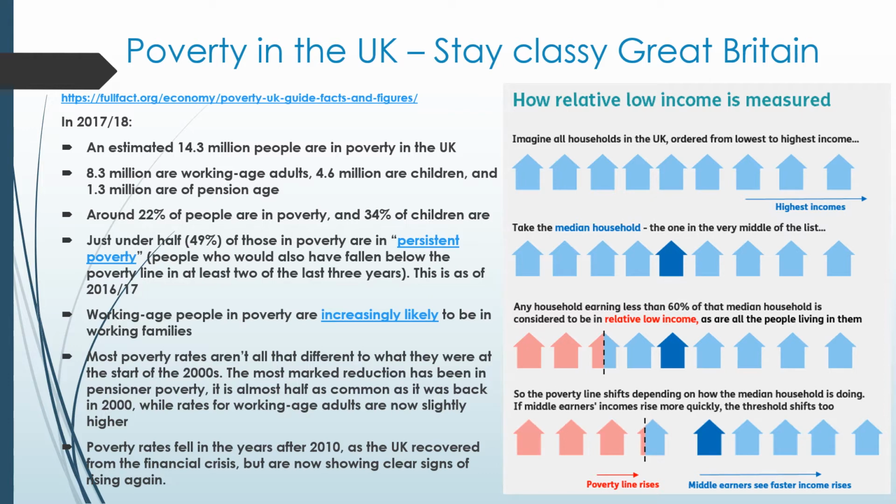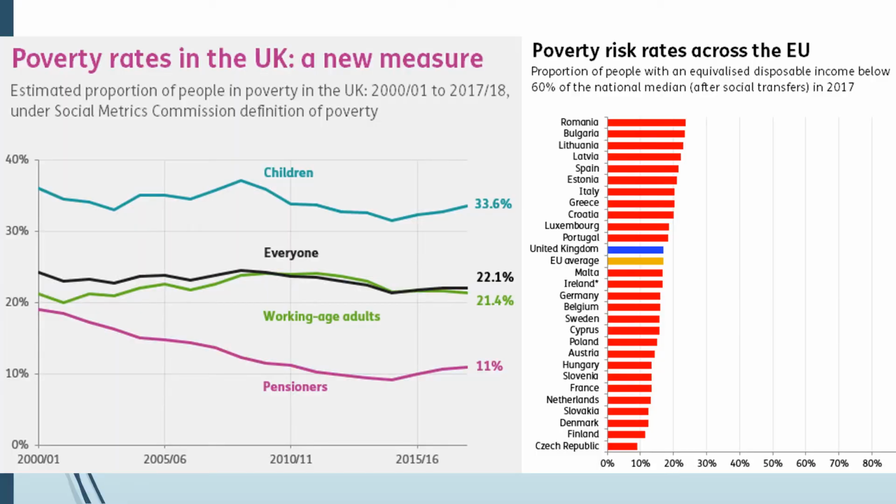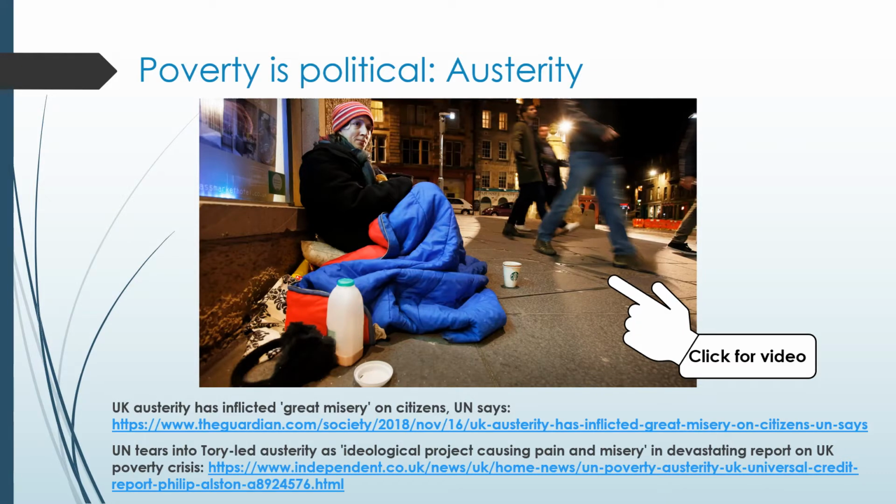But what we've also seen are a number of policies which kind of caused poverty. So as you can see here, poverty in the UK as a measurement is quite high. There's a lot of people living in poverty. In terms of the UK standards, we're just above the EU average income in terms of poverty. We're just scraping through.